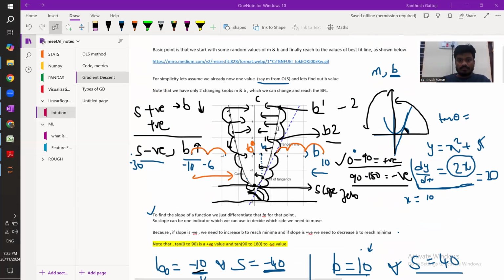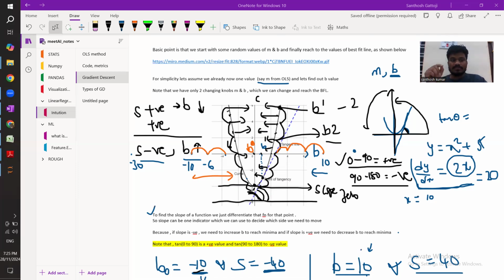If the slope is positive, we will decrease the value of b, moving left in this graph, in the direction of lower loss. If the slope is negative, we will move to the right, or increase the value of b. Anywhere you start, after a few iterations it will converge to the minimum value.